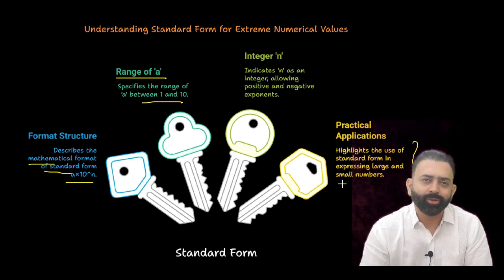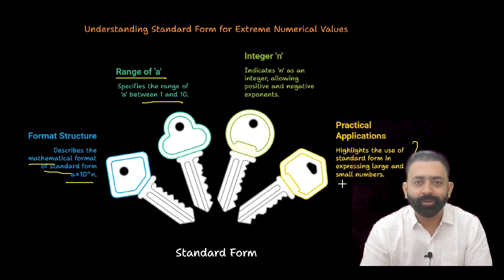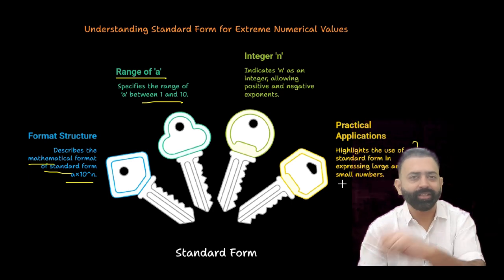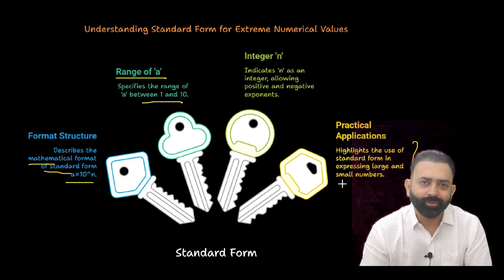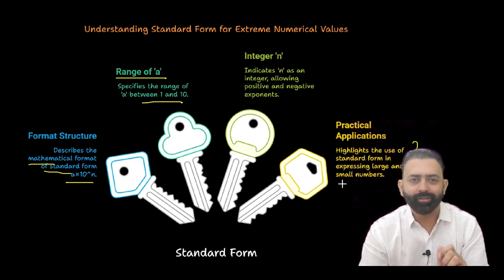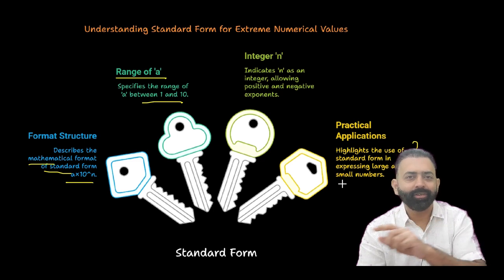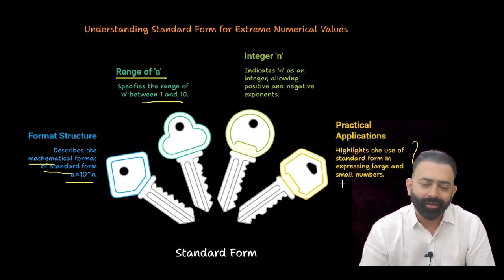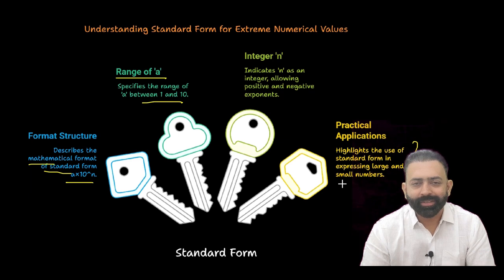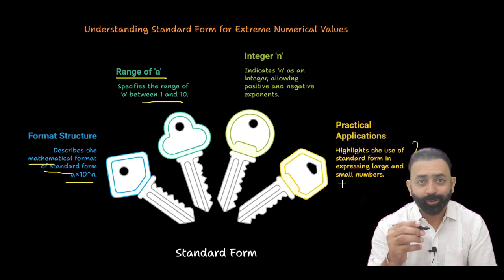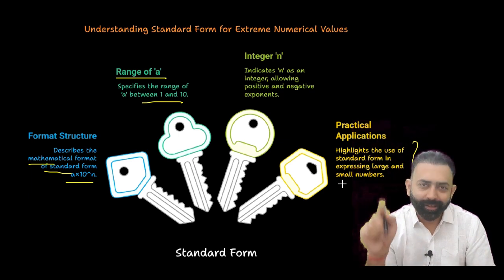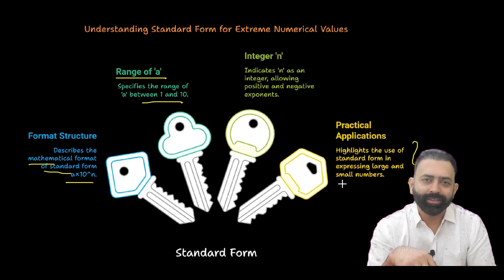So 10 raised to power minus 19 involves 19 zeros after the decimal, and the first non-zero digit comes after writing 19 zeros. Obviously it is not practical to write these 19 zeros, then mention 1 and 6.